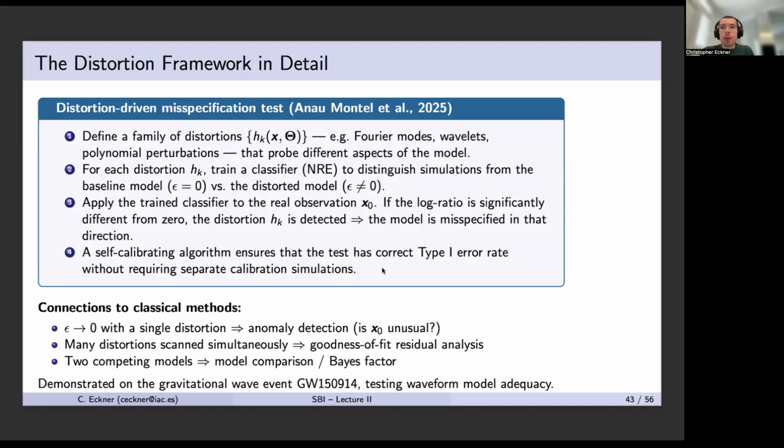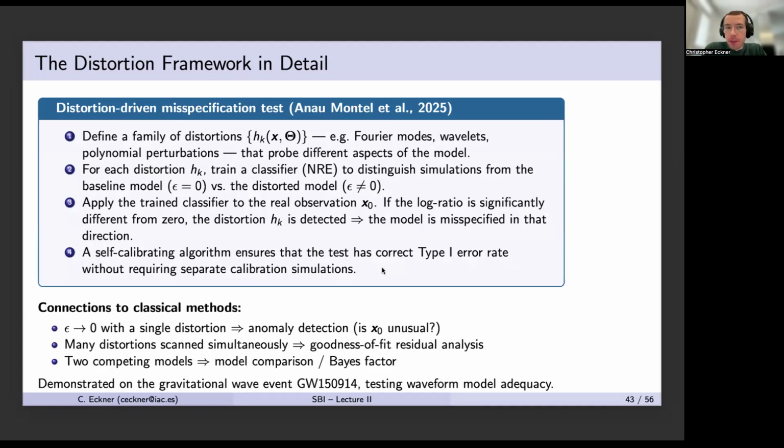But you could also imagine having images as your observation, and you can perturb your image by adding different features or components that might be there or not, or adding some Gaussian noise. All of that is possible.